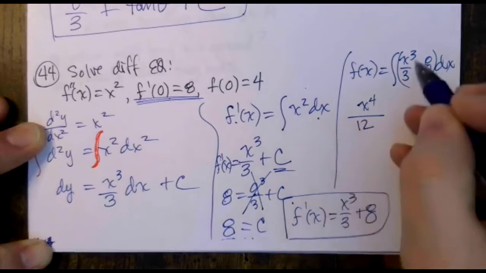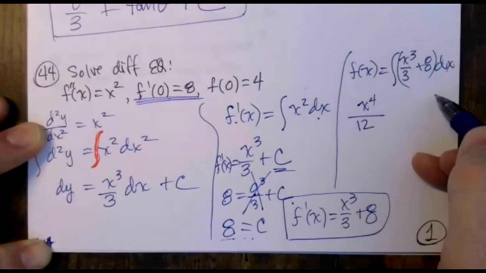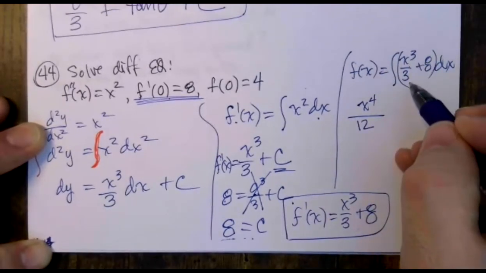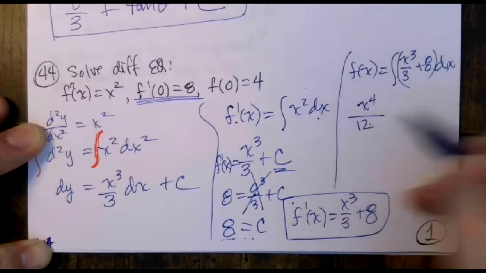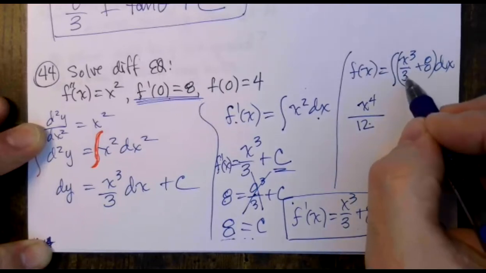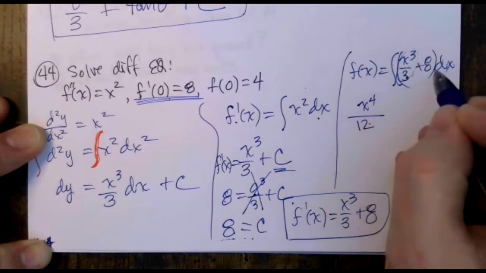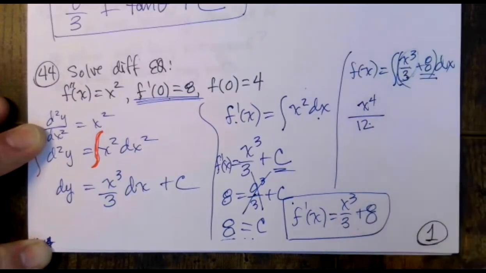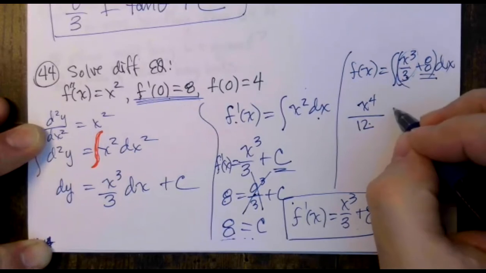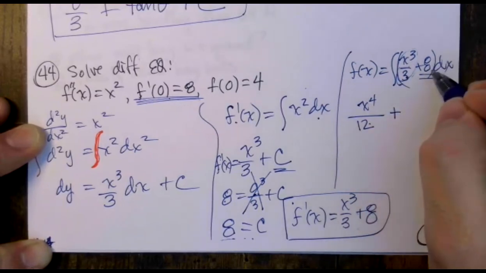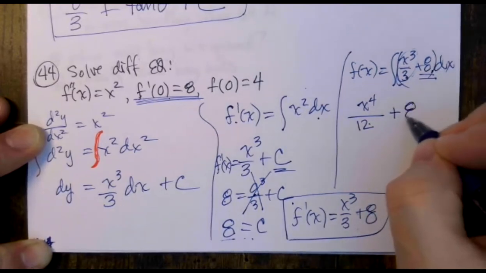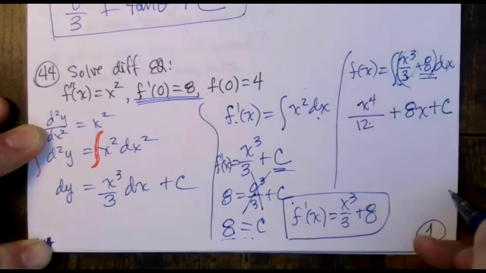This really ends up being 12. If it makes you feel better, you can pull the 1/3 out in front. Then you have x to the 4th over 4 times the 1/3. Just understand that that 1/3 would only be in front of this piece, not this. So if you were going to write it like that, you'd have to split that up. Plus, the antiderivative of 8 is 8x. And then I need a plus c.